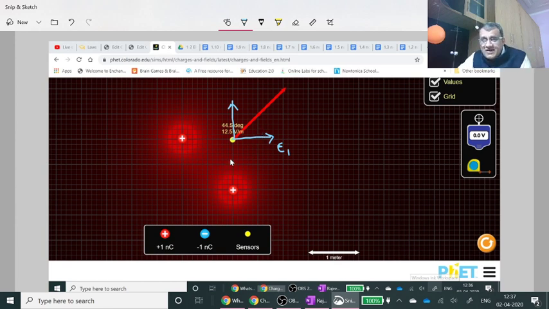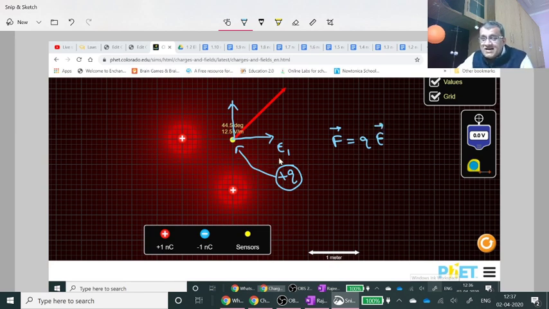Now, if we place a charge here, let's say plus Q charge, then any charge, if placed at a position where the field is E, what do I mean by E? Due to this charge, the field is E1. So if you place a charge, that charge is going to experience a force given by Q into E.